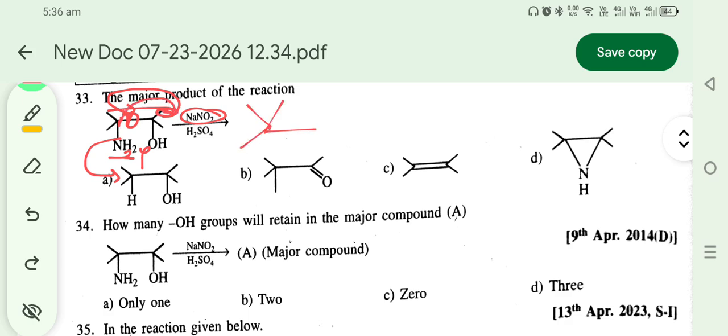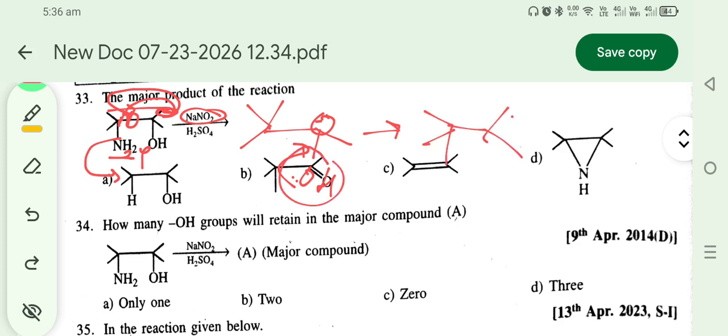Hence, this is the positively charged carbon. To that positively charged carbon, OH is added. By donation of a lone pair of electrons from oxygen to the carbocation, this part is converted to a ketone. Answer is B.